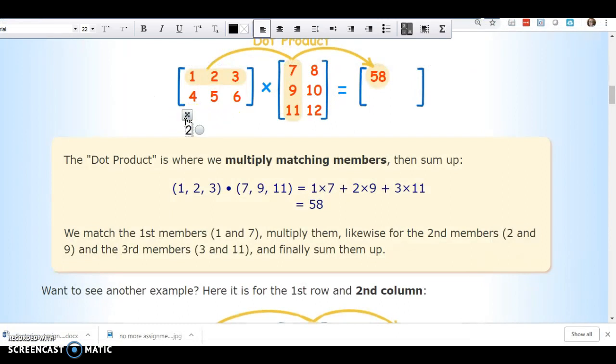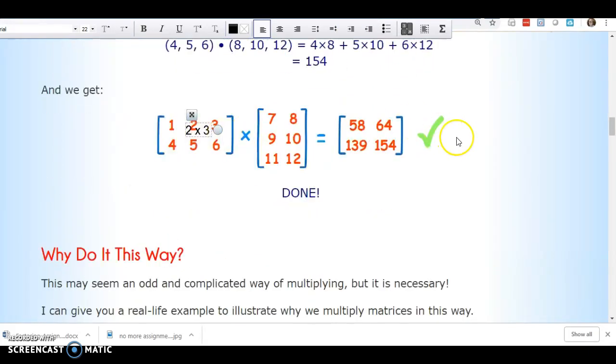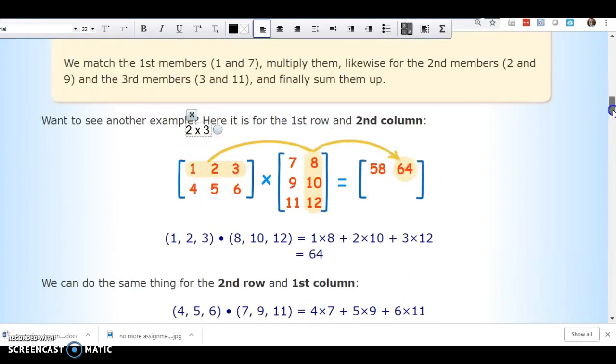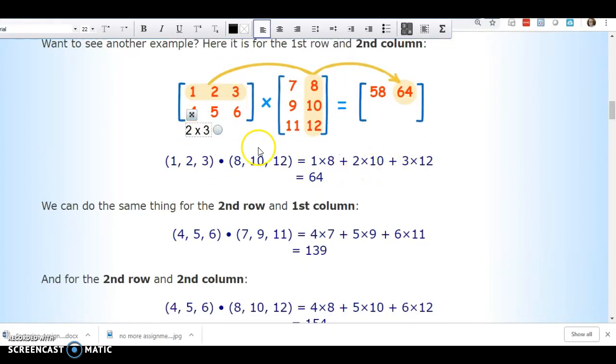So let me just visually show you what's happening. A 2 by 3 and a 3 by 2.